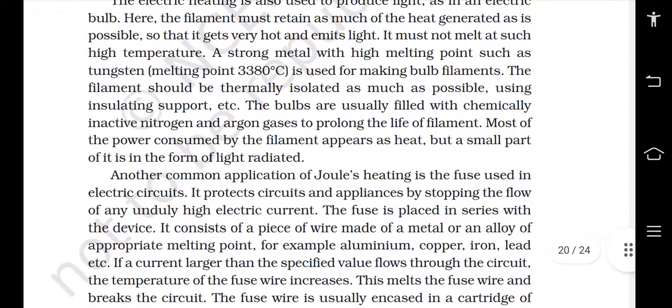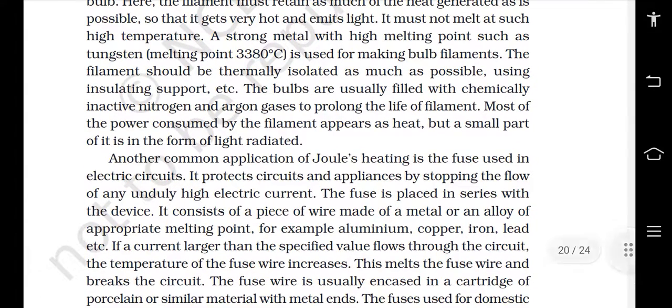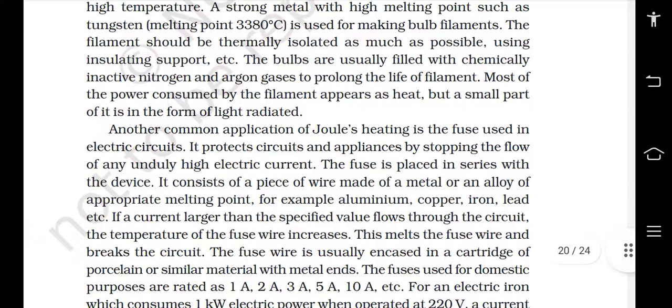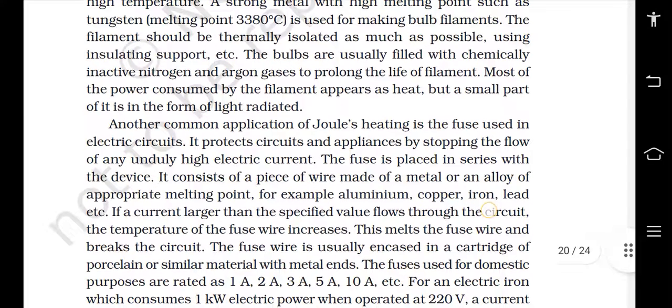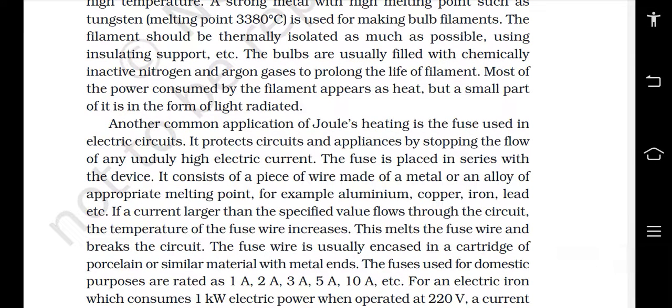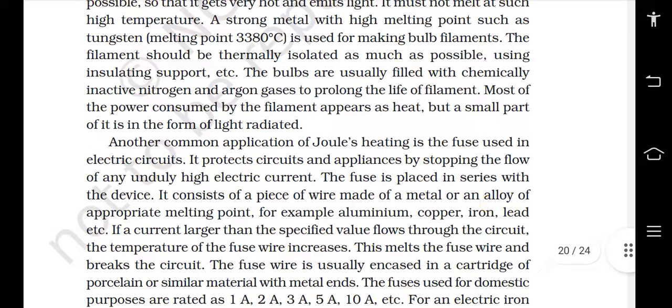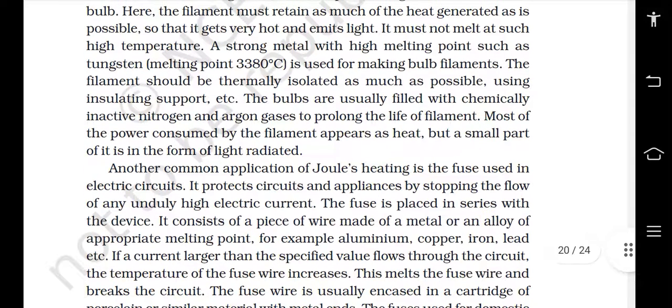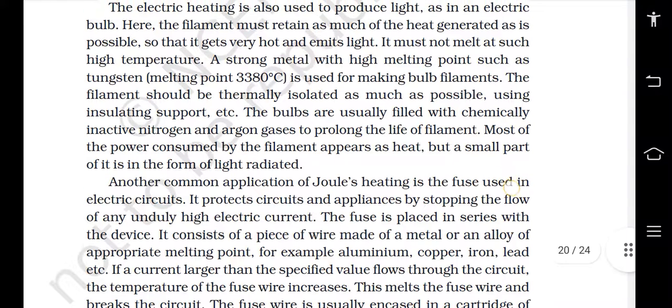And in the bulb, we fill nitrogen or argon gases to prolong the life of the filament. For what purpose? Nitrogen and argon are inert gases which do not react with the tungsten. So the tungsten metal will remain as tungsten without any chemical reaction.